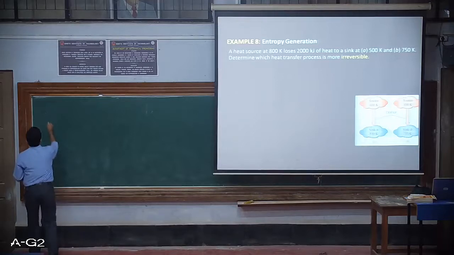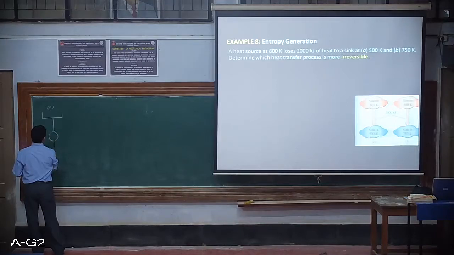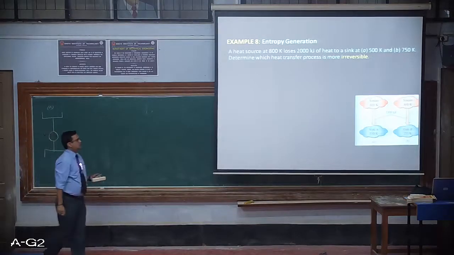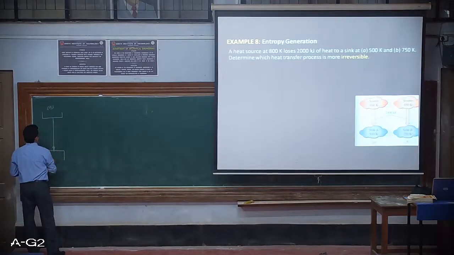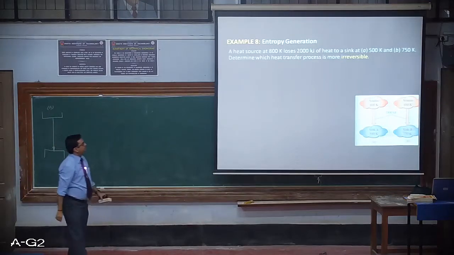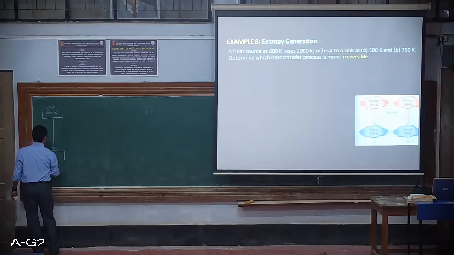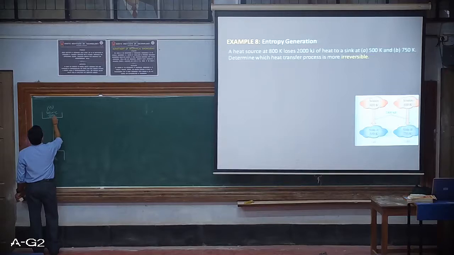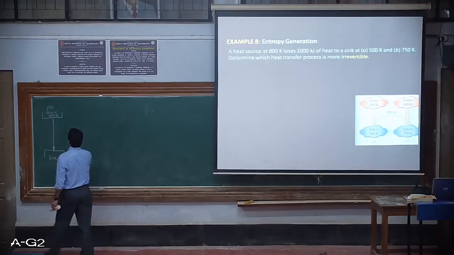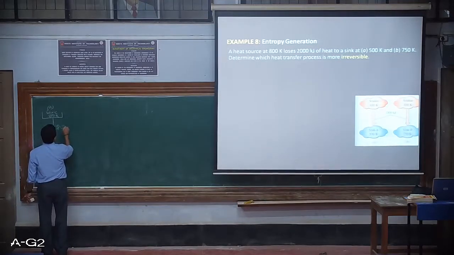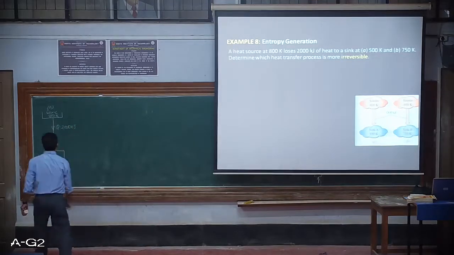So the two cases are, in case A we have a source and then we have a sink. So this is the source, which is maintained at 800 Kelvin in case A, and this is the sink. Heat is rejected, how much? 2000 kilojoule, to a sink which is maintained at 500 Kelvin.